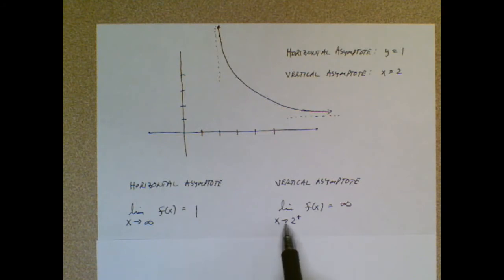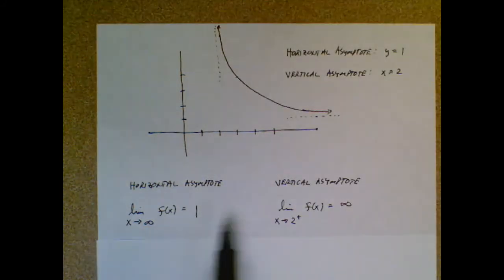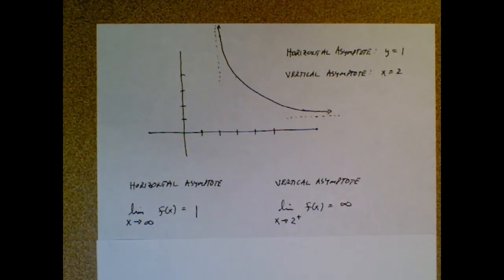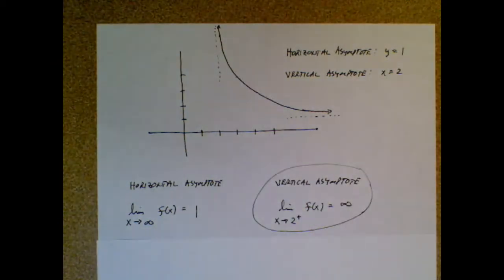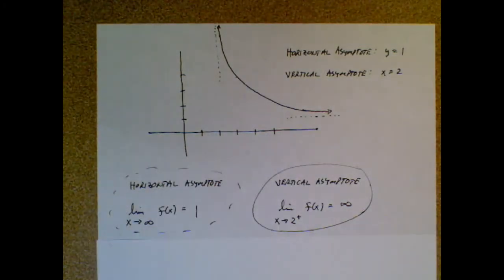So as my x values sneak up on 2 from the right, my function's y values are taking off to positive infinity. This calculus language describes the phenomenon of an asymptote that you learned about in your previous classes. So we're going to take a closer look. In this video, we're going to concentrate on the vertical asymptote, and in the next video, we'll concentrate on the horizontal asymptote.